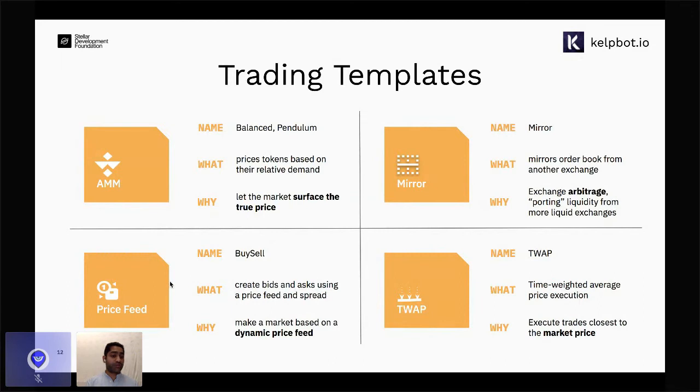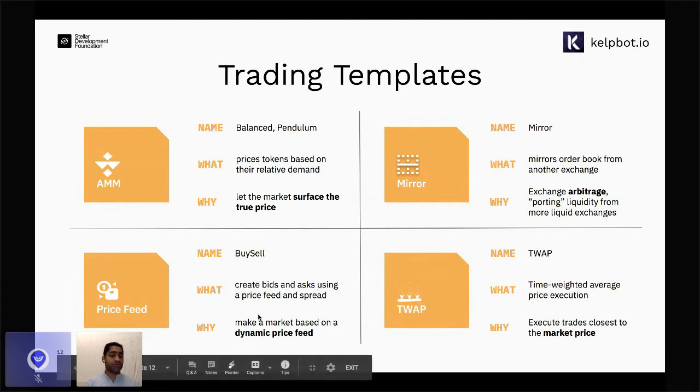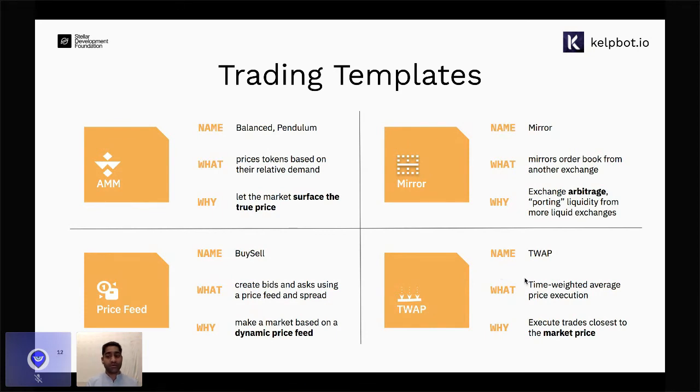We have price feed based strategies such as the buy sell strategy that allows you to price your bids and asks based on a dynamic price feed. We have the TWAP strategy, which is an execution based strategy using the time weighted average price. And you can take some of these components from various templates and combine them to build your own custom trading strategy, or use the ones that we have with some customizations.